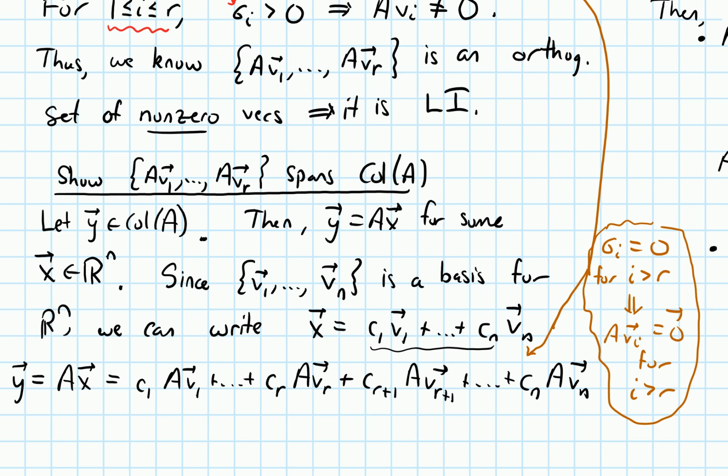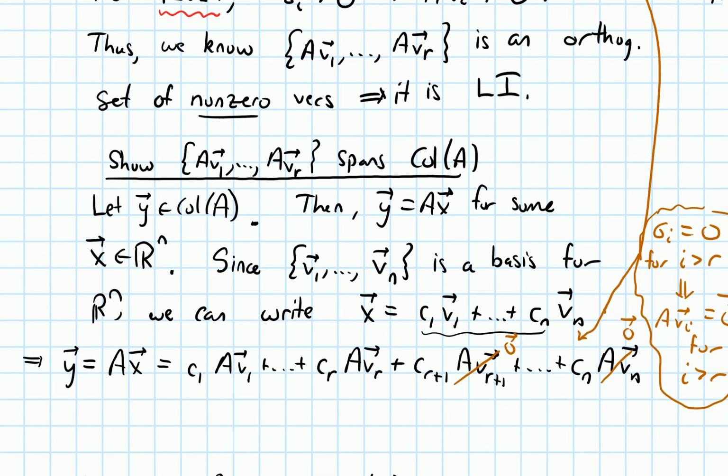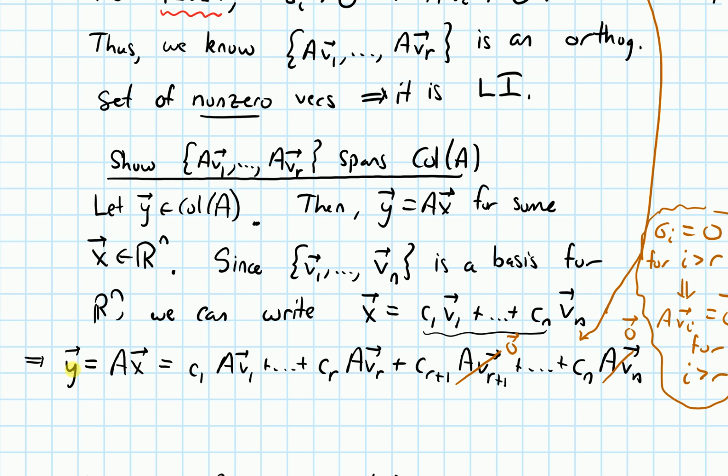Okay, so what that lets me do is say that this is 0 all the way up to A times Vn is 0. So everything after A times Vr, all of those are going to be 0. So what we're left with is Y is a linear combination of AV1 up to AVr.